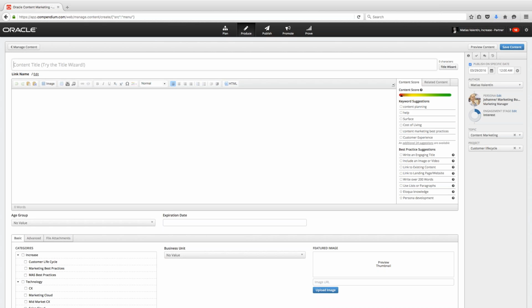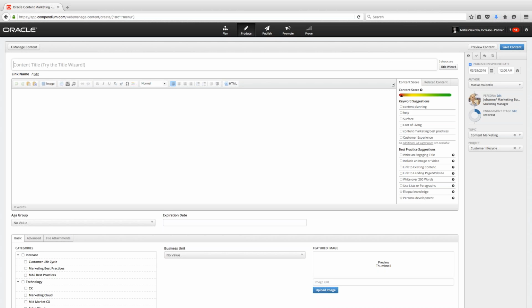But as you start using these keyword suggestions, you will actually have a content score going more and more green, and this is all being generated based on your previous efforts as well.